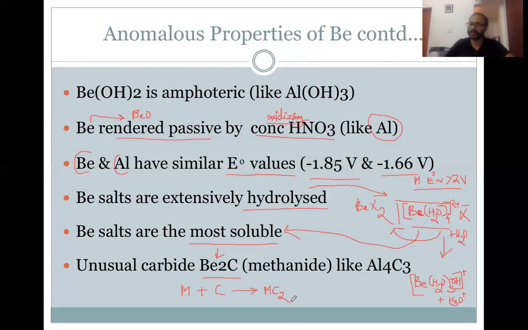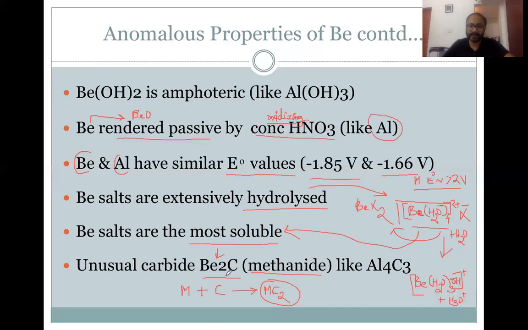That is what you expect, right? But what is formed here is Be2C. So beryllium unusually forms this. Other elements like magnesium, calcium, strontium and barium all form the usual carbide.